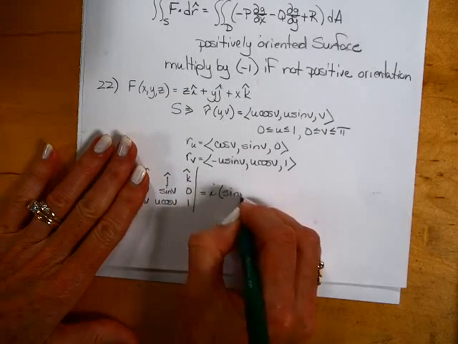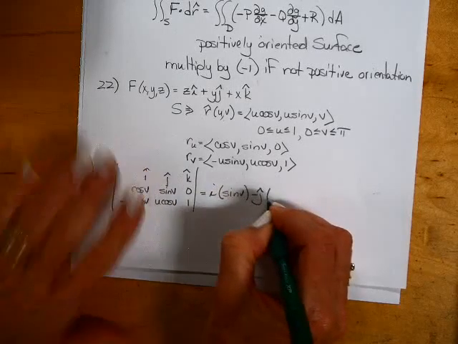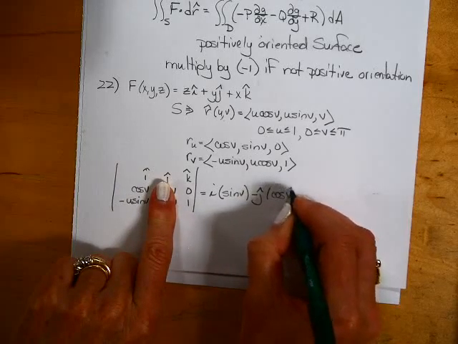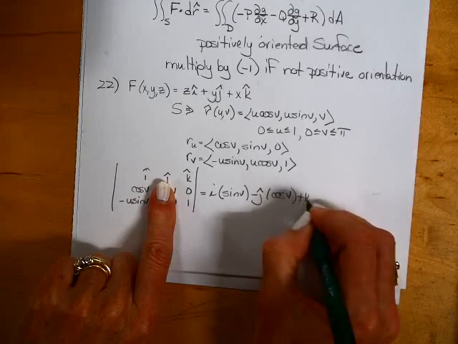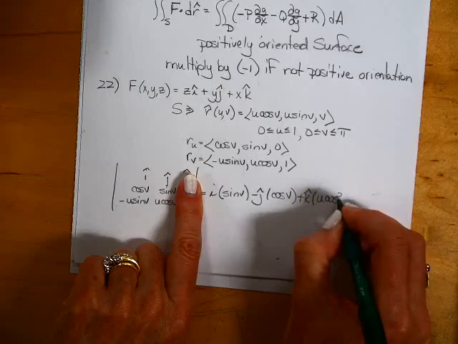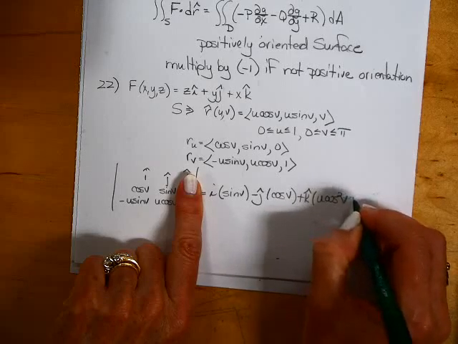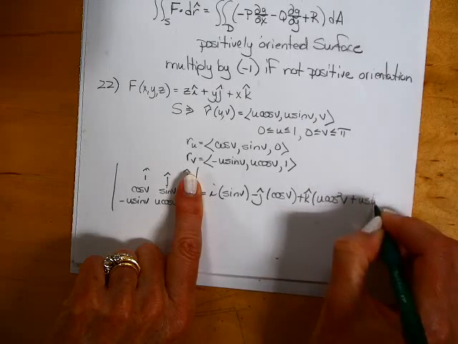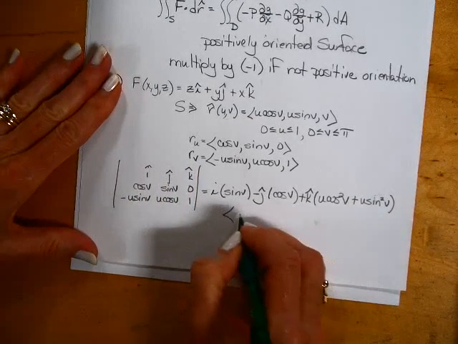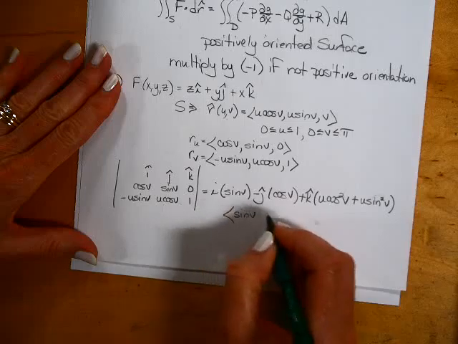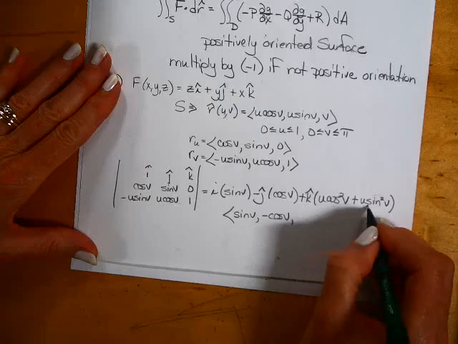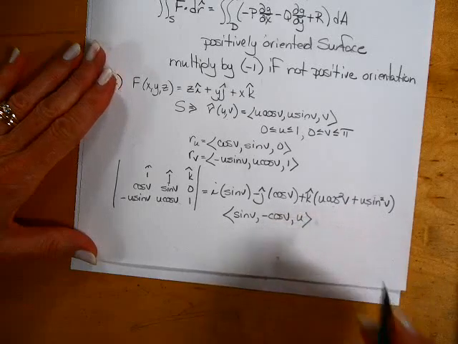Sine of v, j, cosine v, k, is u cosine squared plus u sine squared. So this is going to give me the vector sine of v, negative cosine of v, and that's a u.